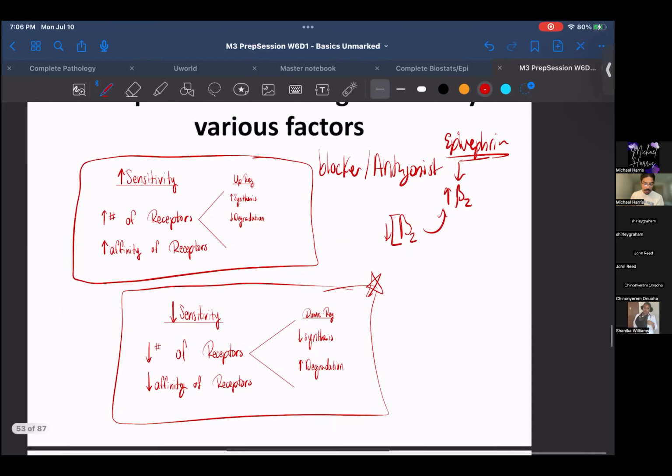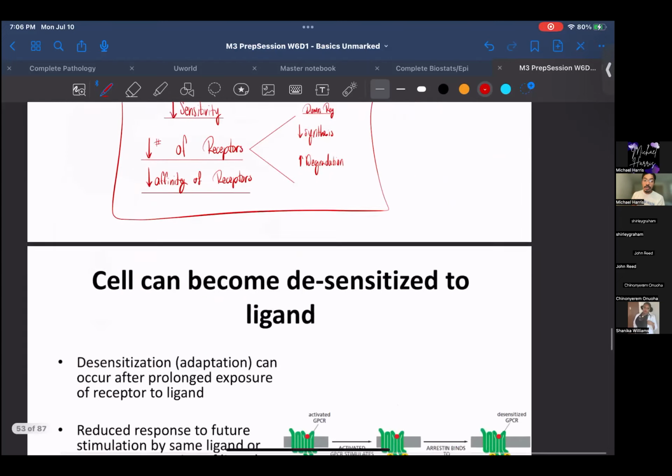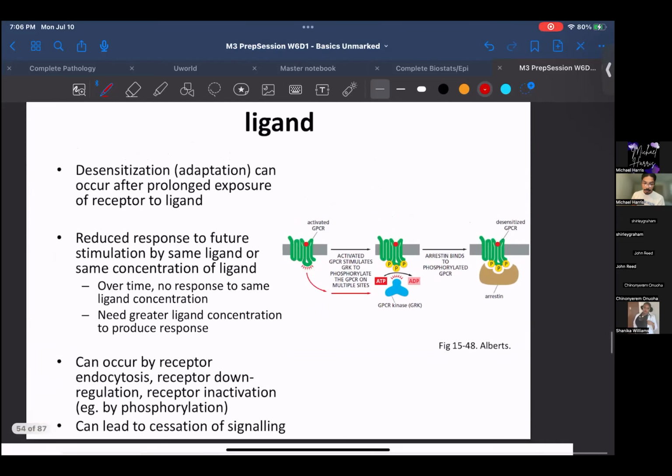Okay, now decreased sensitivity is a majority of the time what we run across. Okay, now there's three different ways. One, we can decrease the number of receptors. We can decrease the affinity of the receptors, which makes sense. Or we can undergo something known as arrestin.